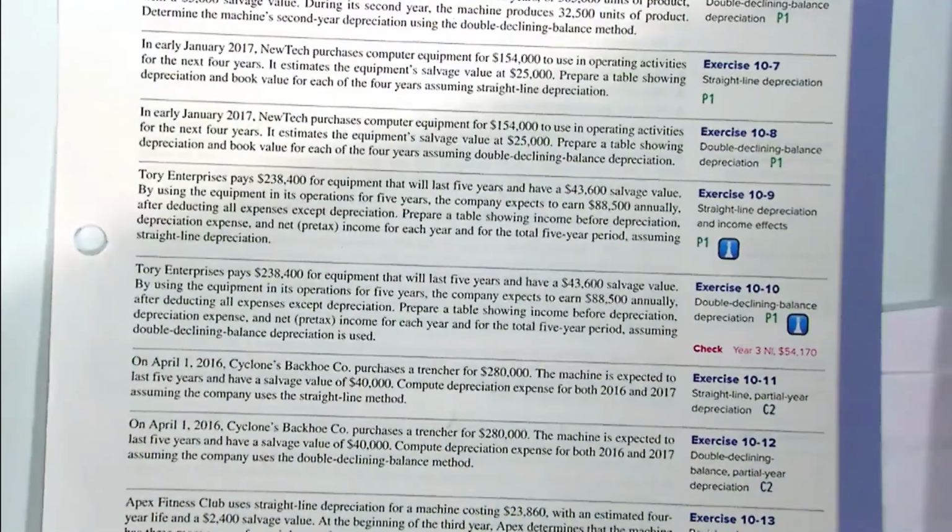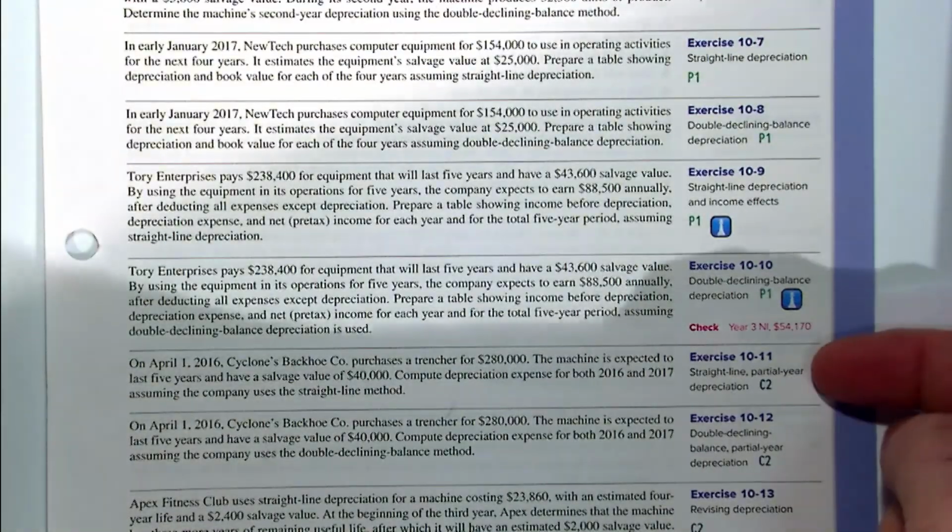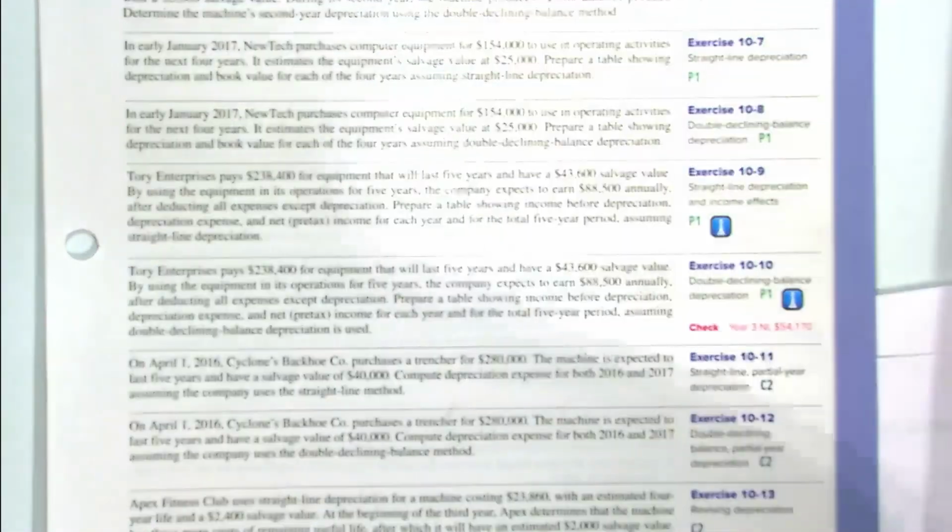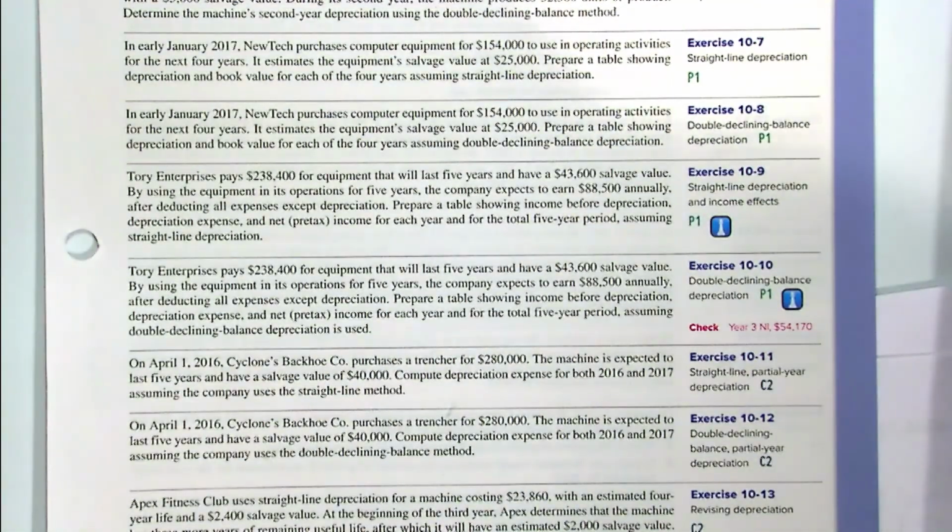Okay, I believe the next one was exercise 10.11. Is that correct? So let's take a look at exercise 10.11. All right. This is a partial year situation, isn't it? On April 1 of 2016, Cyclones Backhoe purchases a trencher for $280,000.